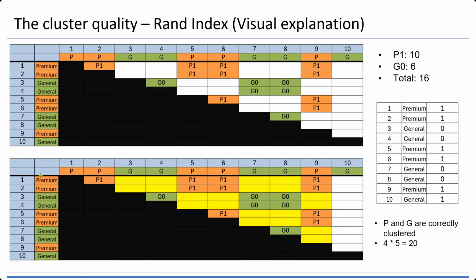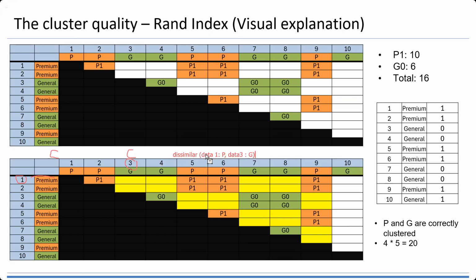the premium, the data number 1, it is correct. Data number 3 is also correct, but it is dissimilar. What is dissimilar? The data number 1 is premium, and the data number 3 is general.